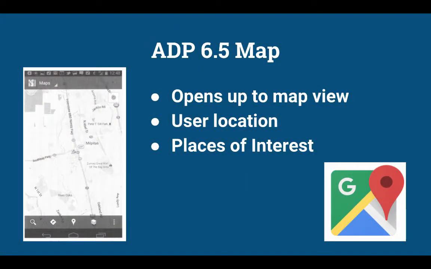This is Android design pattern 6.5 called Map. Many of you are probably familiar with this design pattern if you use the Google Maps app on the Android. This pattern seeks to solve the problem of giving the user a sense of place and what places of interest are nearby.